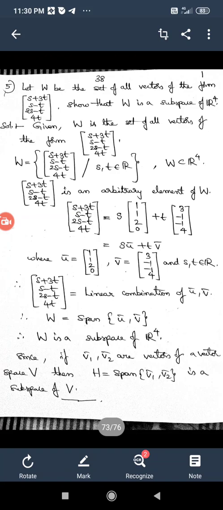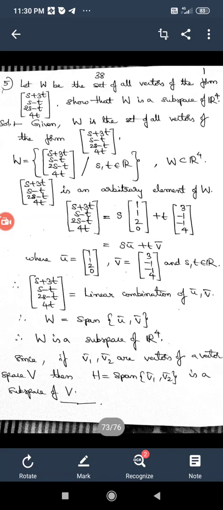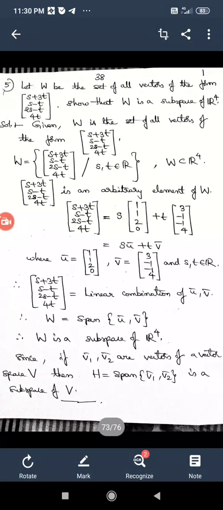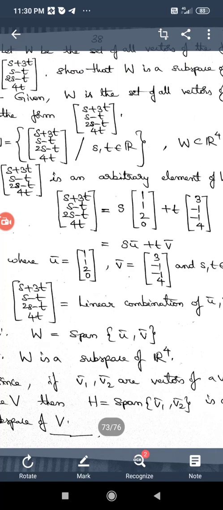Now W is given as the set of all vectors of the form (s + 3t, s - t, 2s - t, 4t), and this in notational form can be written as W equal to the set consisting of that column vector (s + 3t, s - t, 2s - t, 4t), such that there are two variables present in this column vector, and those two, s comma t, are obviously real numbers.